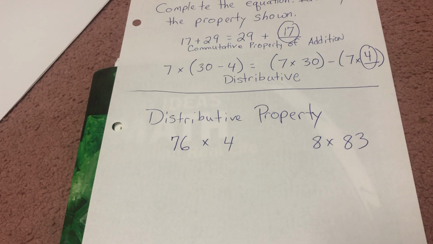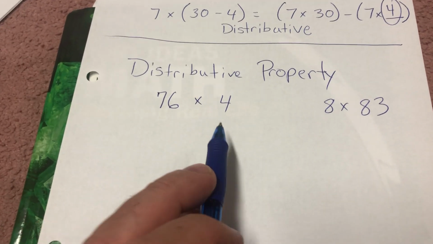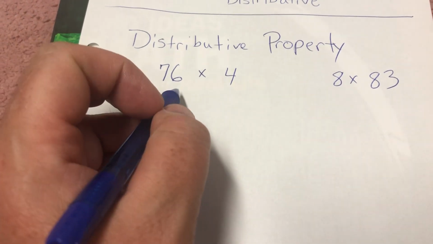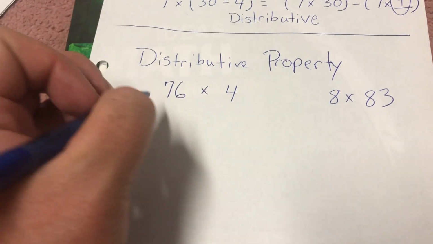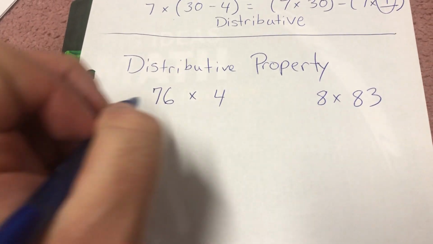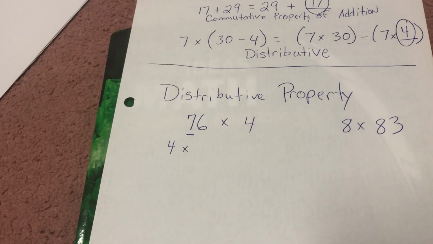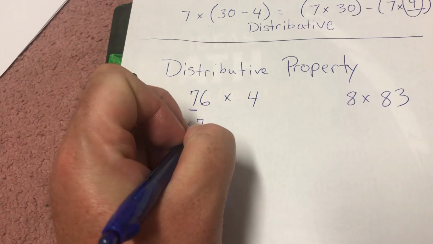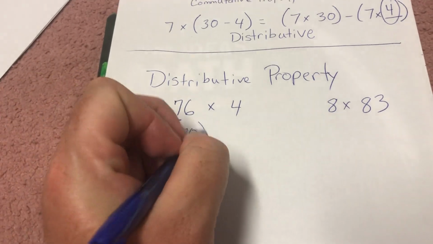Okay, and so we have 76 times 4. I'm going to break this up as, that's my one-digit number 4. So I'm going to do 4 times, that 7 is in the tens place. A 7 in the tens place is 70. So I'm going to think 4 times 70. I'm going to put that in parentheses.